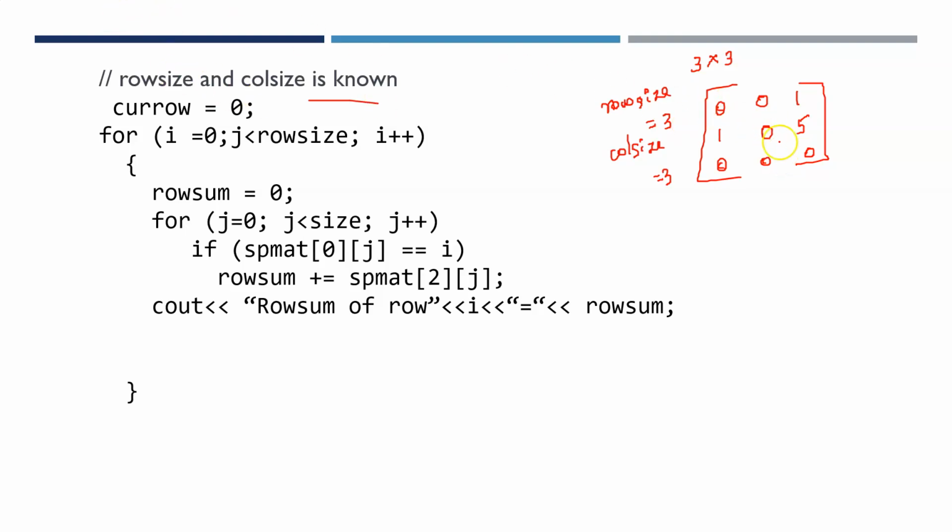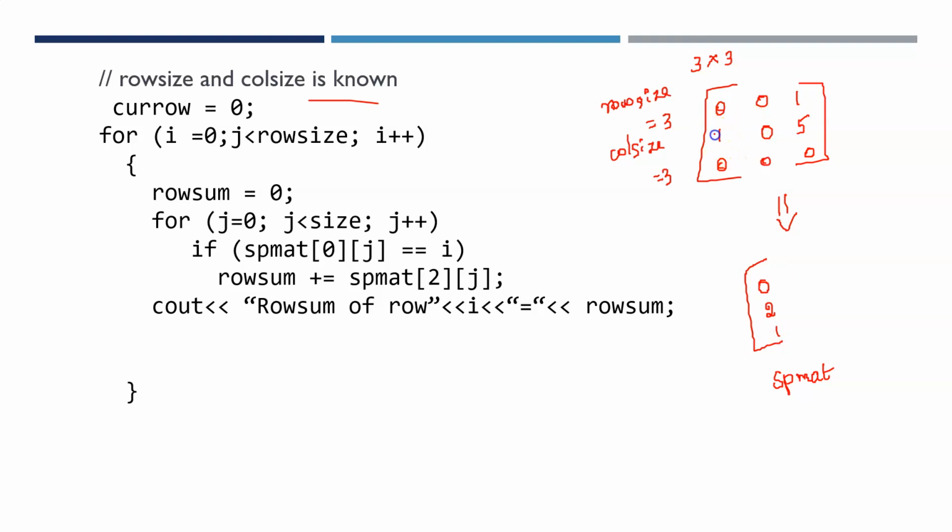Now we'll change that into our sparse matrix technique. I'll name it as SPmat. For each and every value, we find a triplet. Number 1 is located in the 0th row, second column, so the triplet is 0, 2, 1.